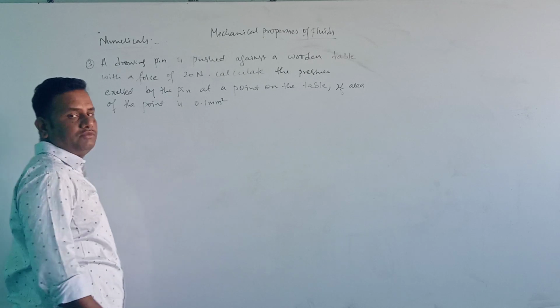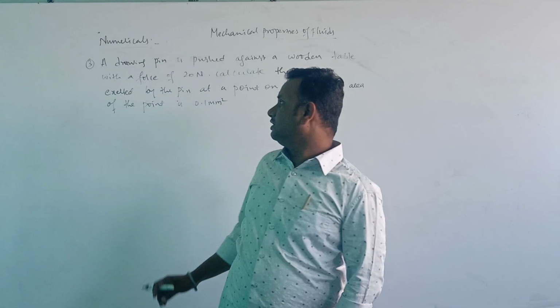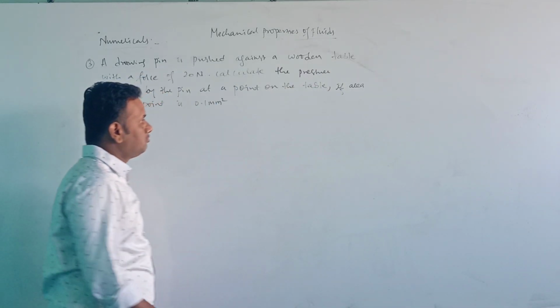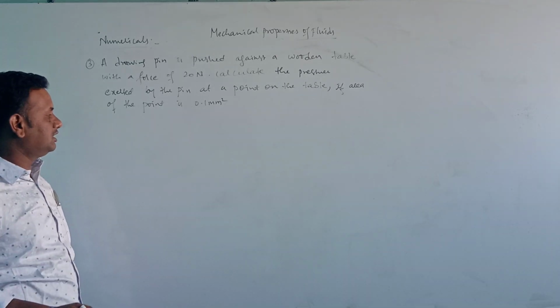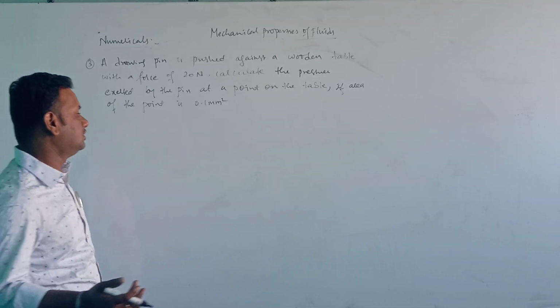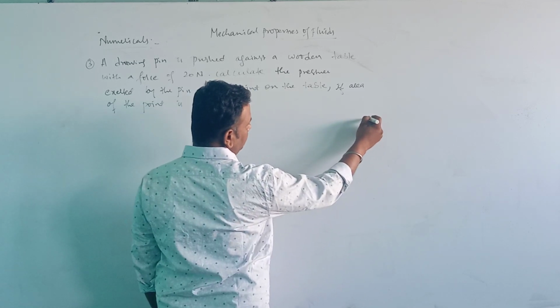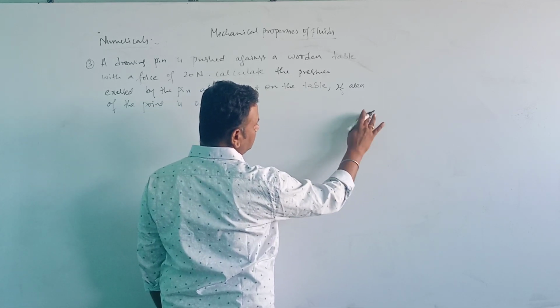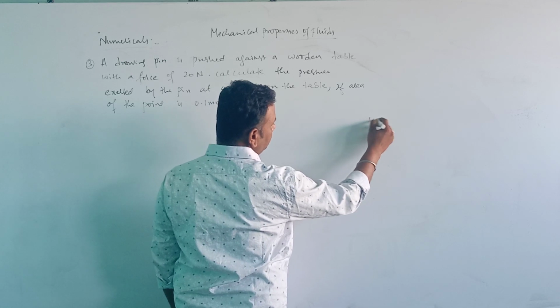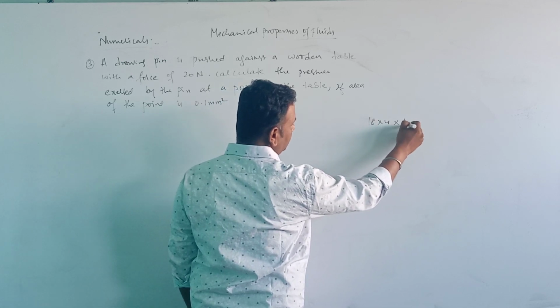So next we will solve the next numerical problem. Before the second question, in the calculation we got 180, that is 18 into 4 into 10 to the power of minus 1.